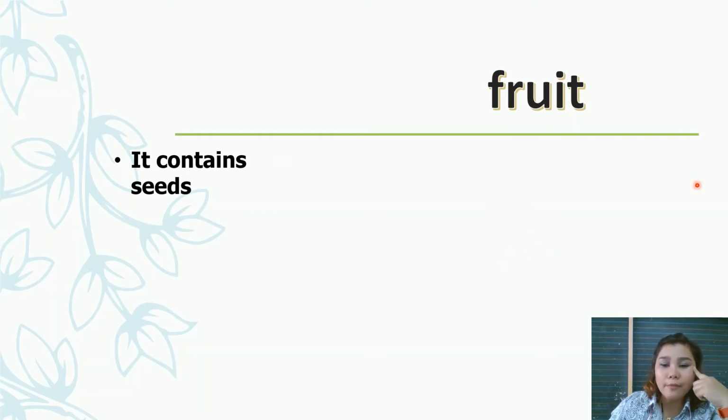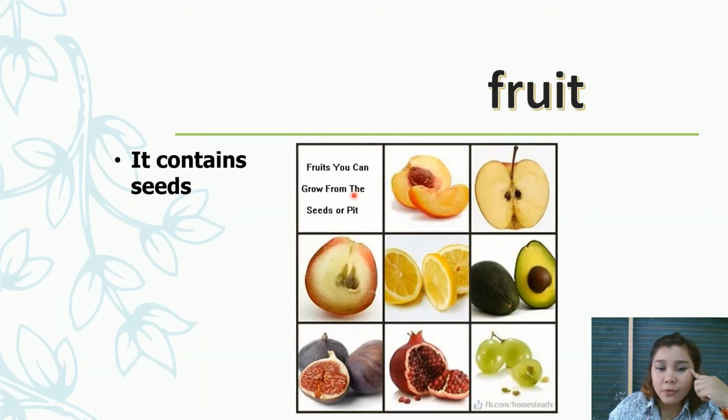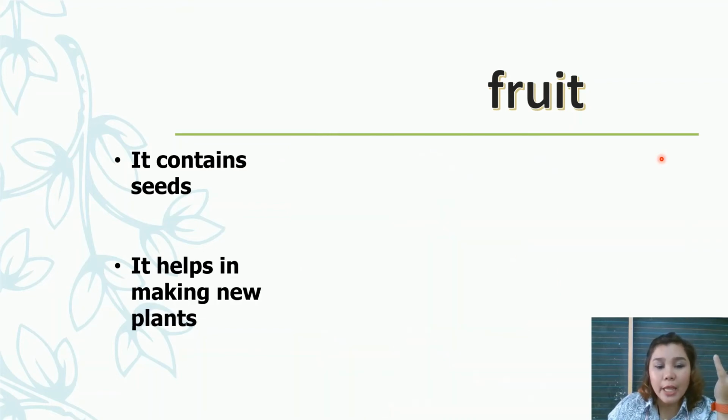And then, fruits you can grow from the seeds or pit. So, ito are some of the fruits wherein you can get the seeds. Tapos, you can plant the seed and make more plants. So, pampadami siya. And then, it helps in making new plants, which I mentioned.